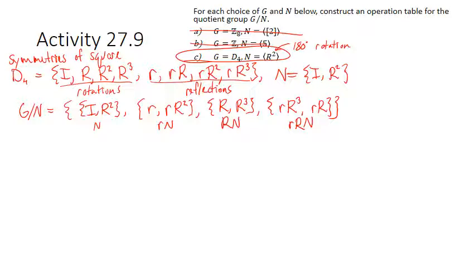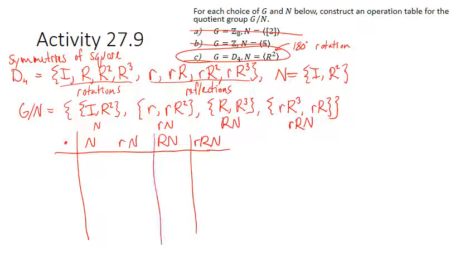So let's see if we can put them into a table. So this will be multiplication this time. So it'll be n, and then little r n, and then capital R n, and then little r big R n. Okay, and on the other side, the same thing.